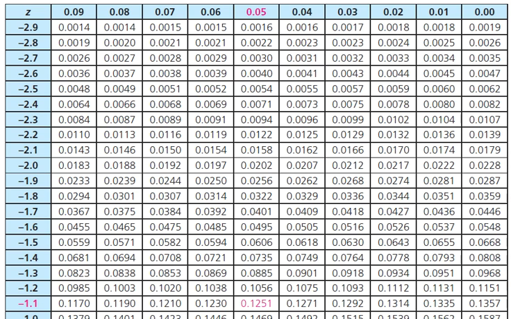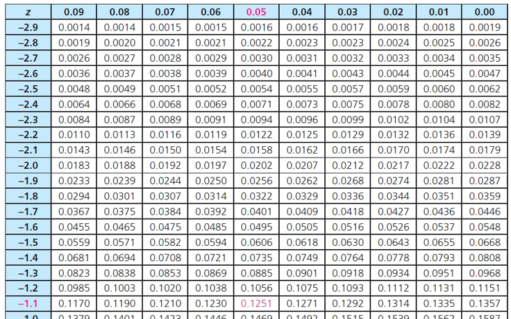So here we are on the negative side of things. Remember, these numbers are in decimal form. We were asked a question in percent form, so 10% as a decimal is 0.1. So we're going to try to find the number that is closest to 0.1. Now, it might not be dead on.